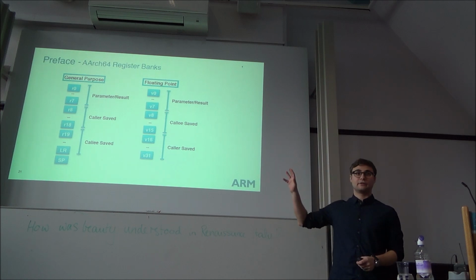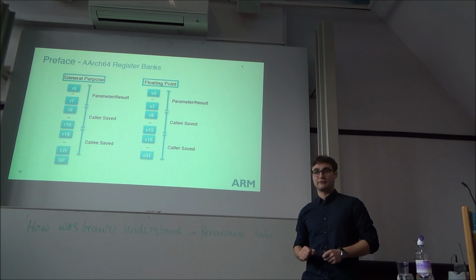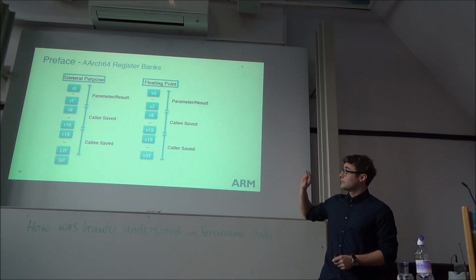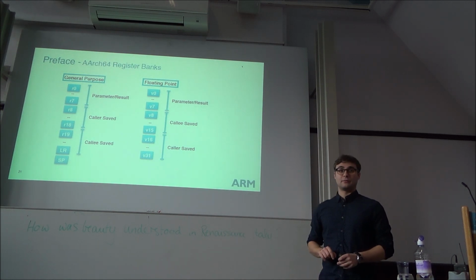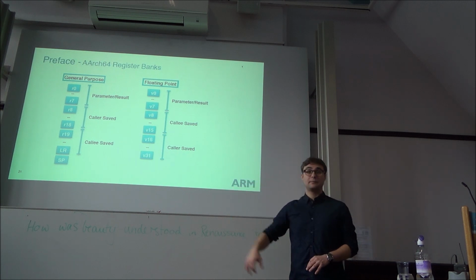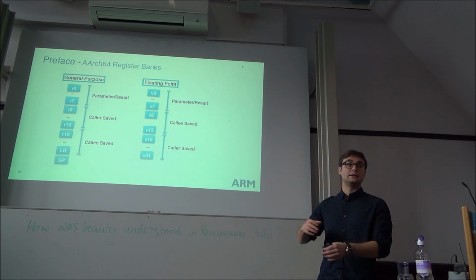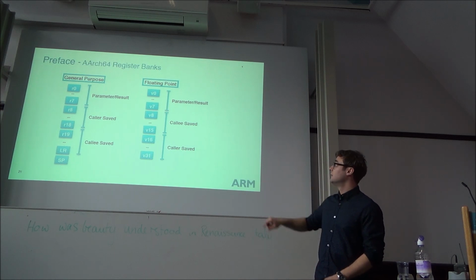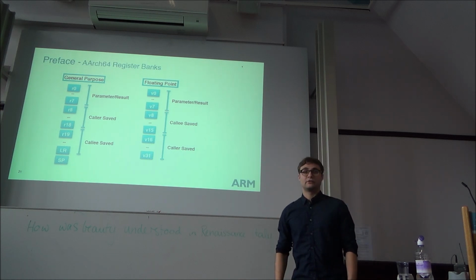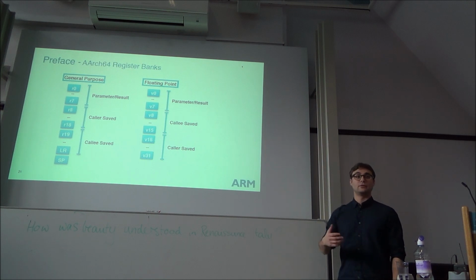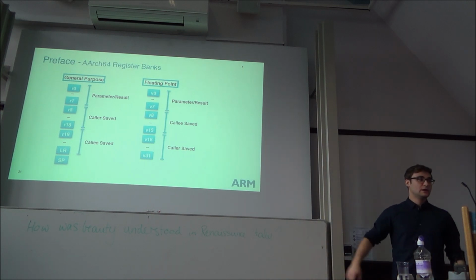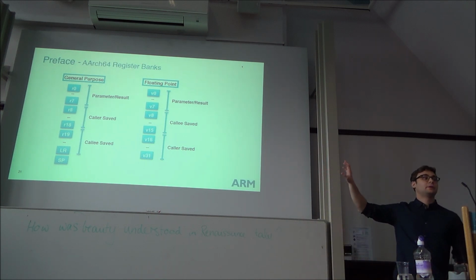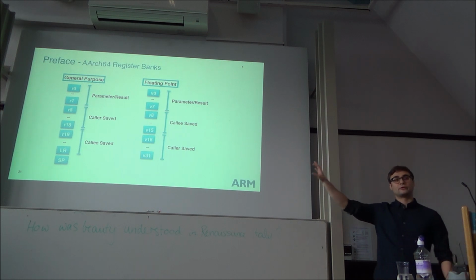So the AArch64 execution side, that's the side that interprets 64-bit instructions, has two register banks. The general purpose register bank, that's where your ints, longs, chars, booleans live. And then the floating point register bank, that's where you have your doubles, floats, and so on. So you can see there are special registers for special sorts of things.